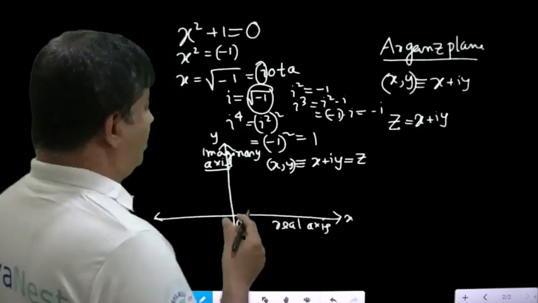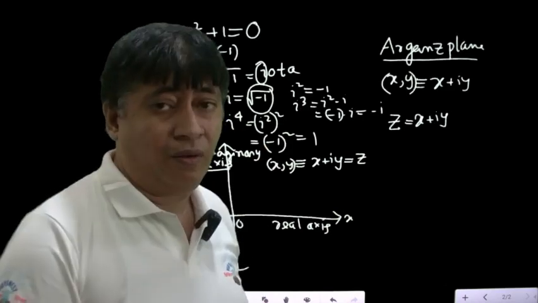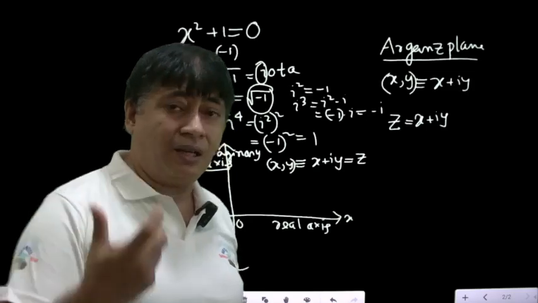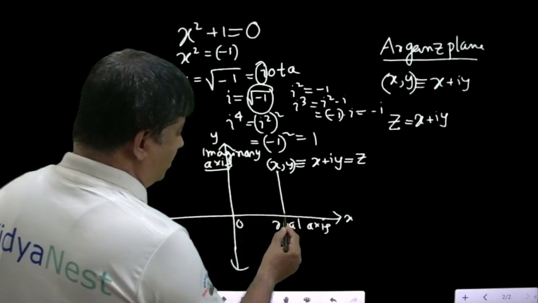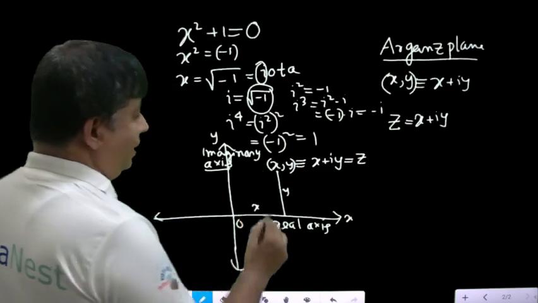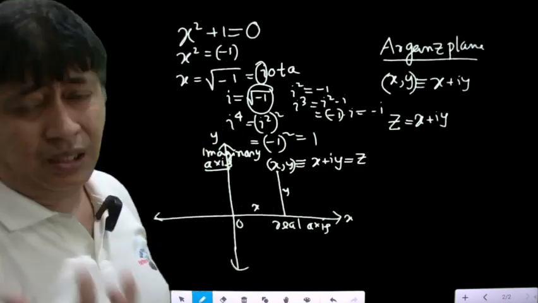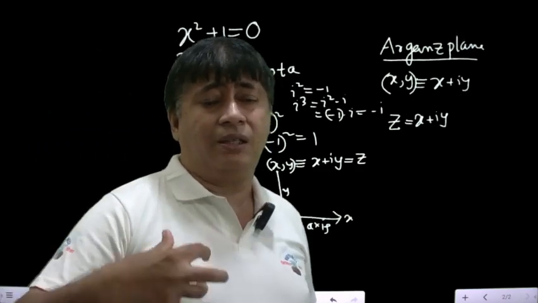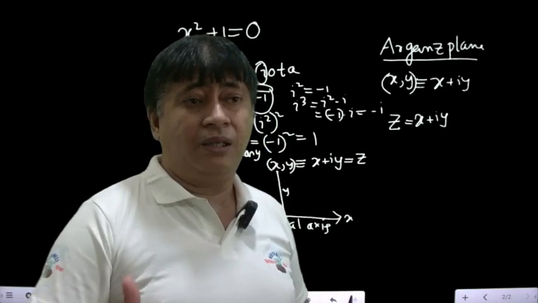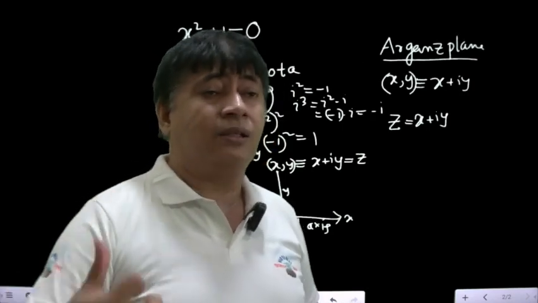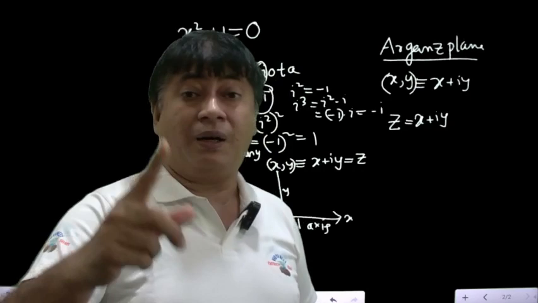Okay, so this point in complex number will follow the property of real number also. See, from this point, if I draw a perpendicular, this will be x, this will be y. As this Argand plane is the virtual world depending on the real number system, that means it must consume all properties of real number but something more.